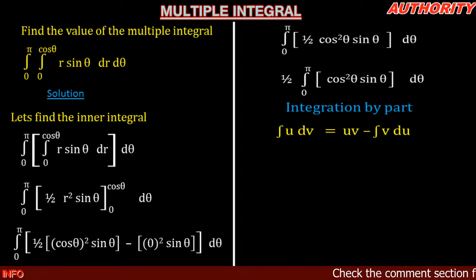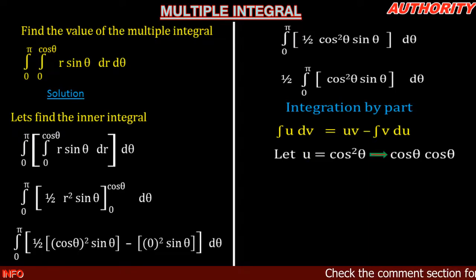We are to integrate cos squared theta sine theta, so we take u to be cos squared theta, which is simply cos theta times cos theta.